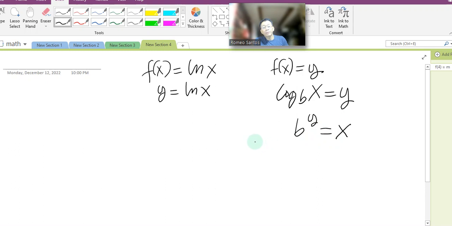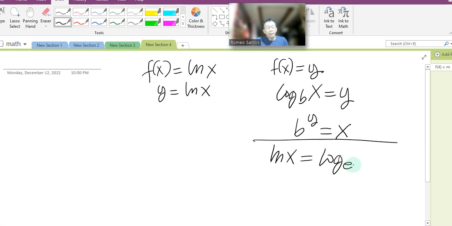So we know for a fact that ln x is equal to log to the base e of x, in which e is a constant which is 2.71 and so on.